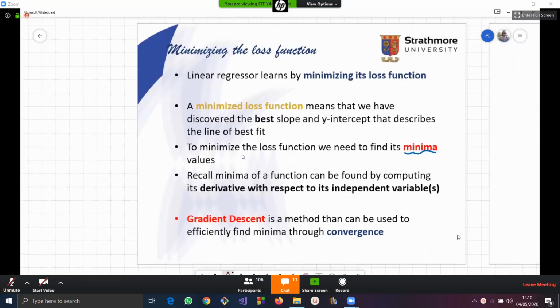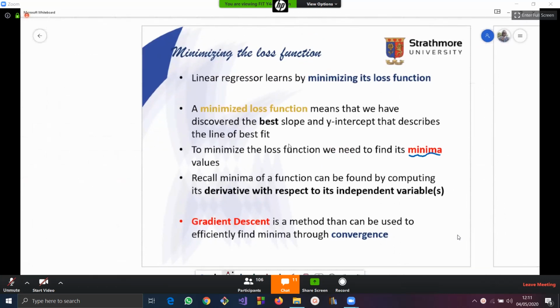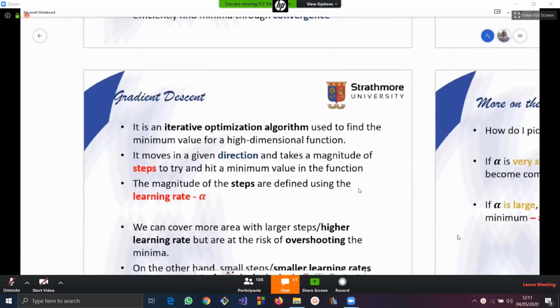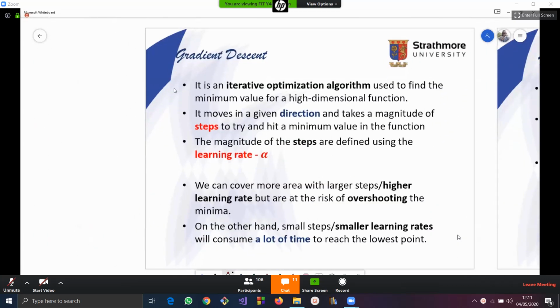So gradient descent. We are going to minimize the loss function using gradient descent. What are some of the things that we need? What does gradient descent do? It moves in a given direction.